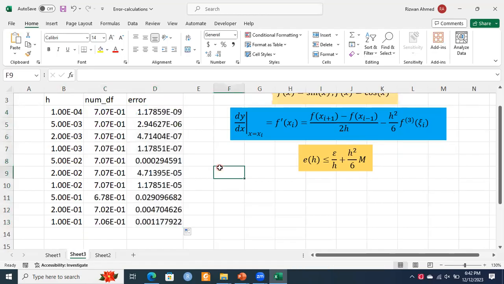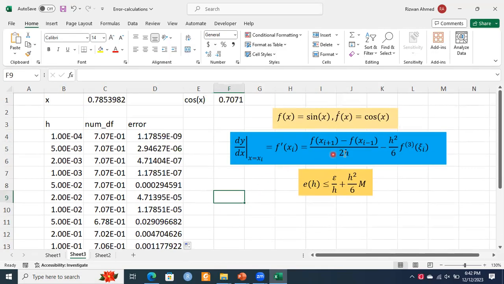Up to this point, it seems that consistently, except for this one, we have an increase in the error. And from the expression, theoretically, it should vary with the second power of h. And also, the total error has a contribution of truncation error and round off error. So to figure out whether the relationship is exactly h squared, we can plot error versus h.